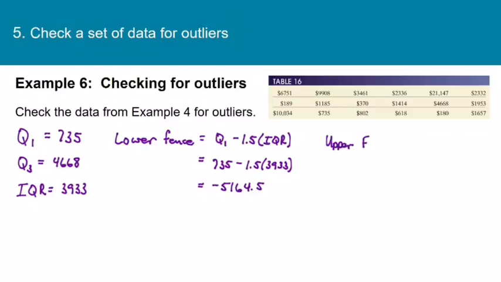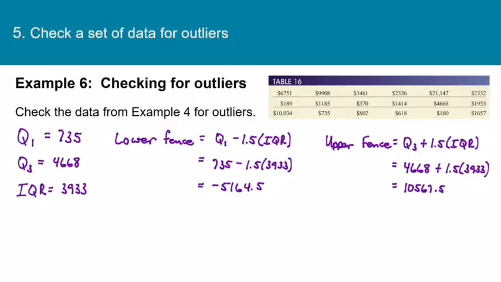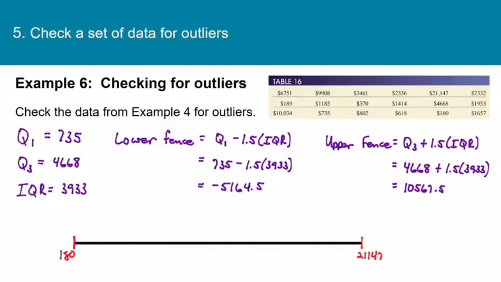And then the upper fence is going to be Q3 plus 1.5 times the IQR, so that's 4,668 plus 1.5 times 3,933, and that gives us an upper fence of 10,567.5.